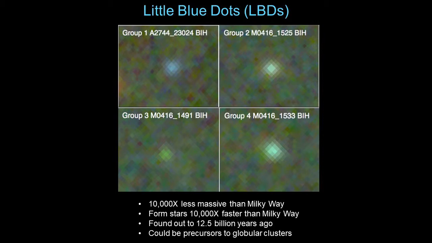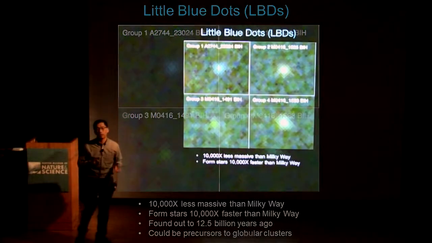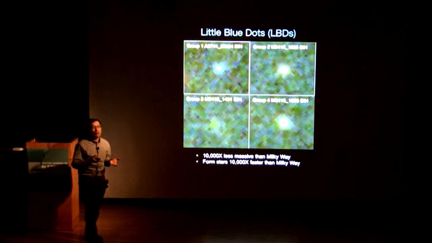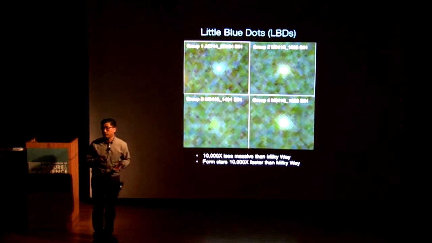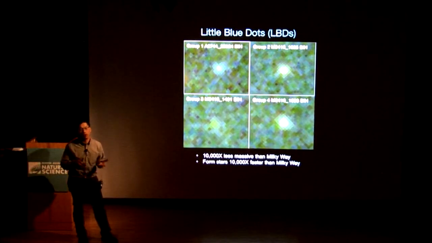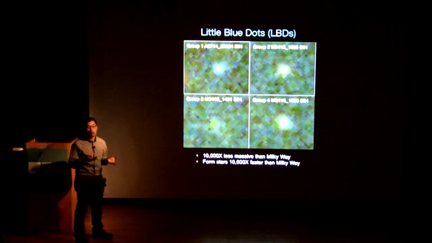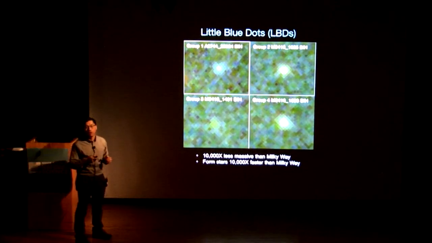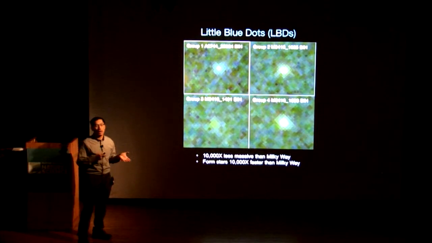These are much smaller than the Milky Way, about 10,000 times smaller, typically 10 million solar masses, whereas our Milky Way is 100 billion solar masses. But what's amazing is that they're forming stars about 10,000 times faster.